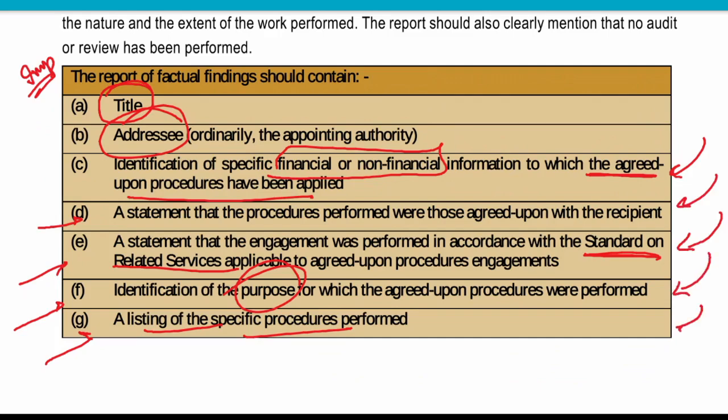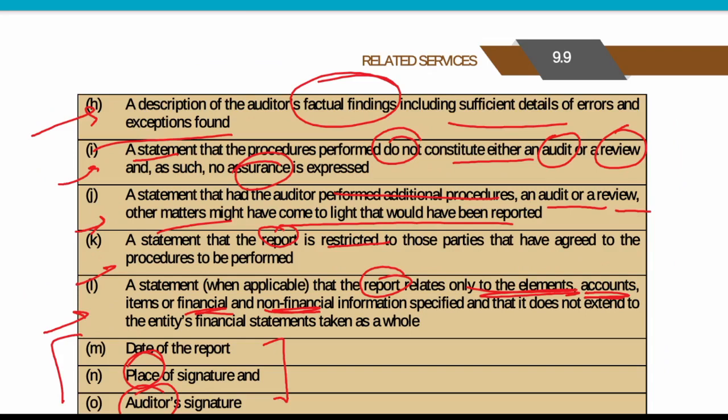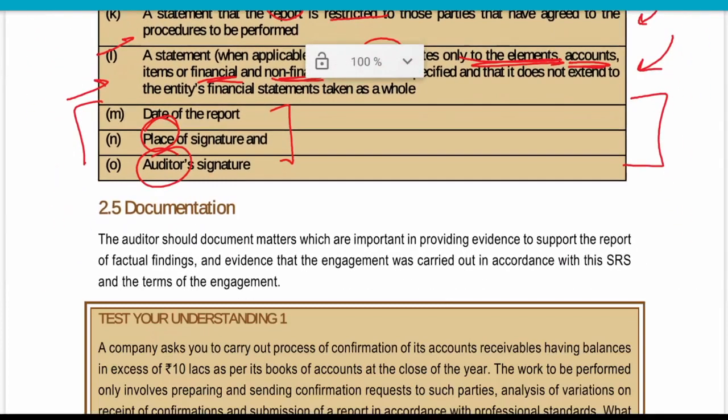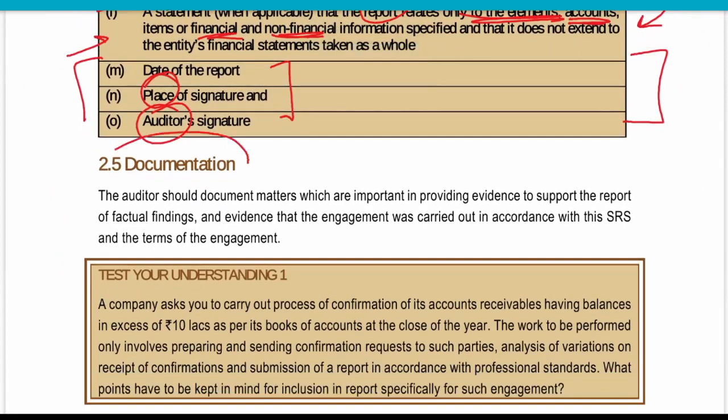What procedures you have performed. Okay, after performing the procedures, what are the findings? Okay, that this is not an assurance or any review, right? After that, any additional procedures, and you need to make sure that it is restricted. Then again, you need to see which element it is related to. And the last three things. Is it clear? Report. And then last, you need to do the documentation as per SRS.